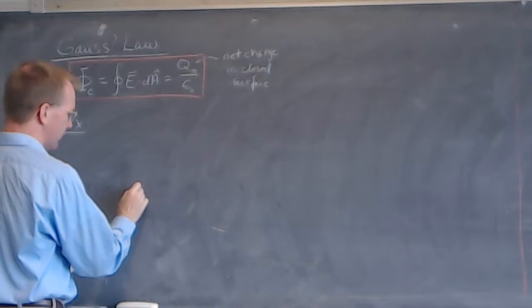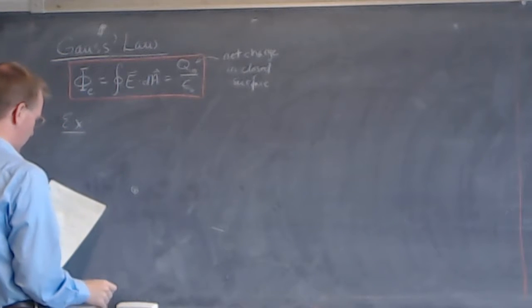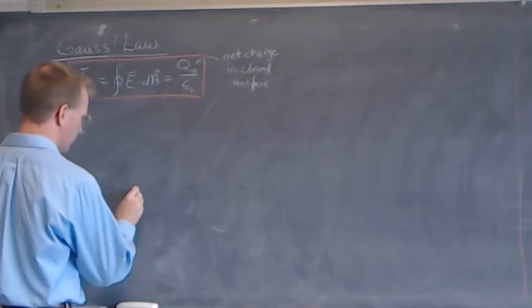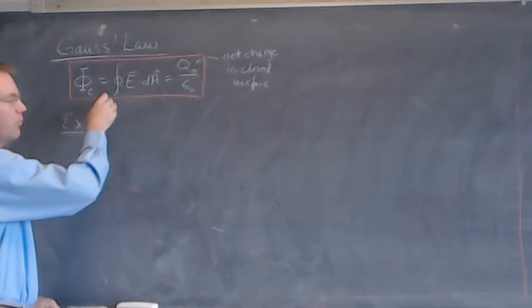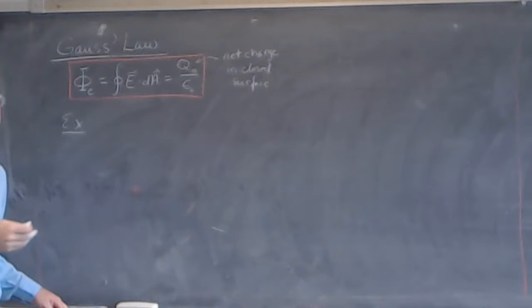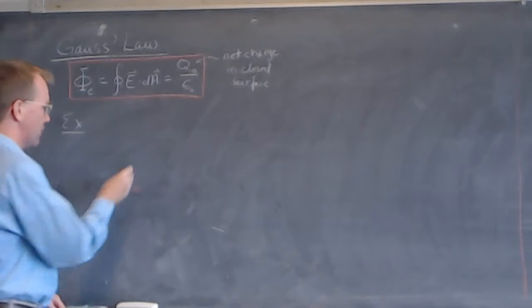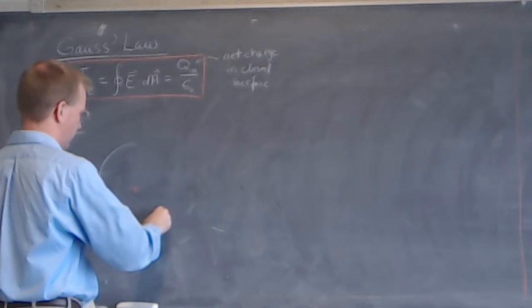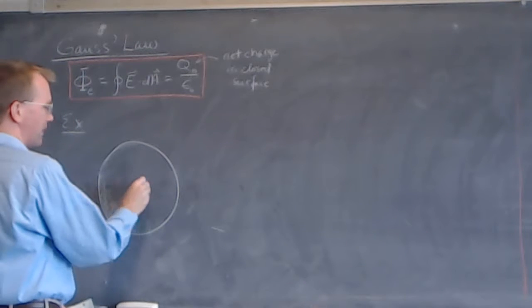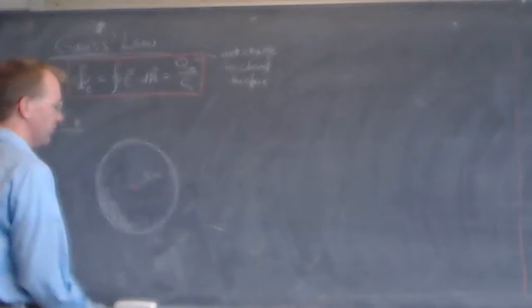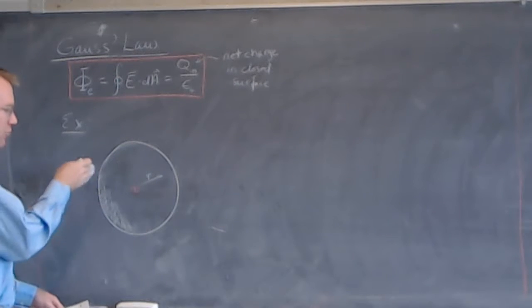If I have a positive charge here, and I take what surface do I want? Well, it's useful to use Gauss's law if I take one that matches the symmetry of the charge. That's the kind of surface I want to draw, I should say. So I'll make it be a sphere of radius r, arbitrary radius, centered on that charge.